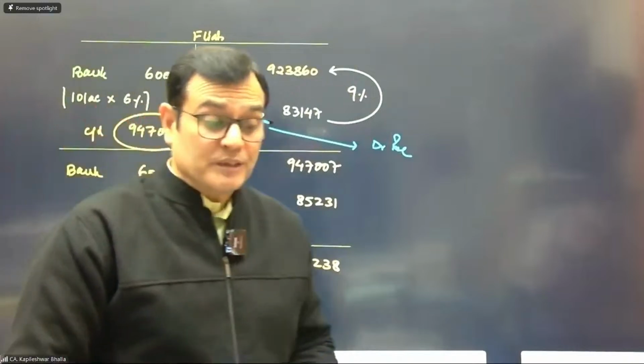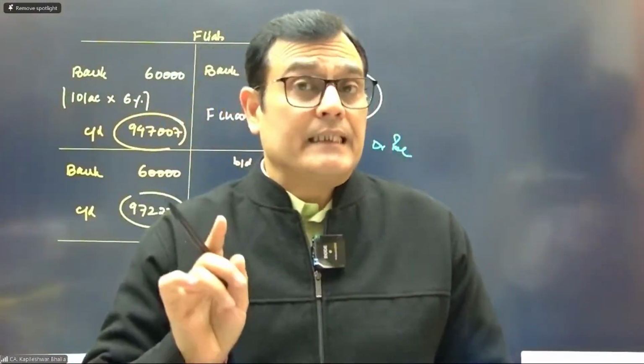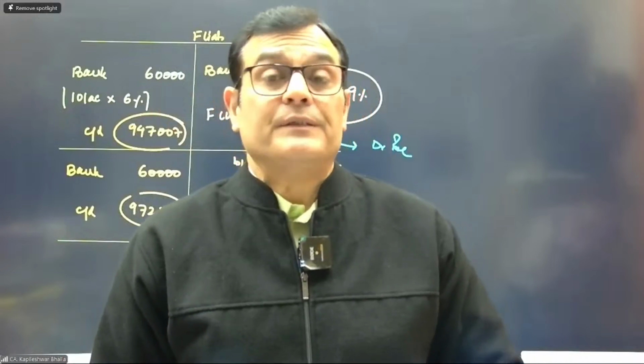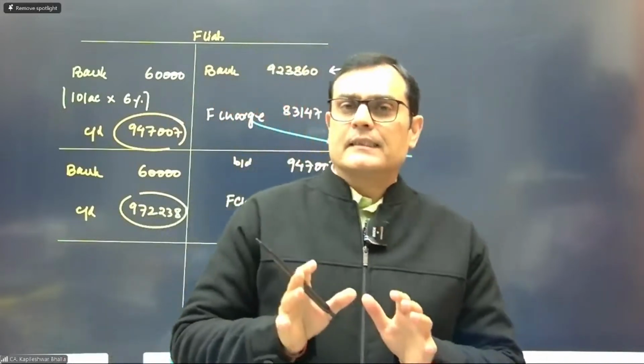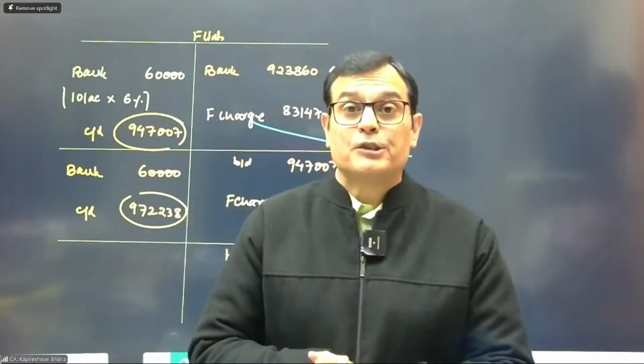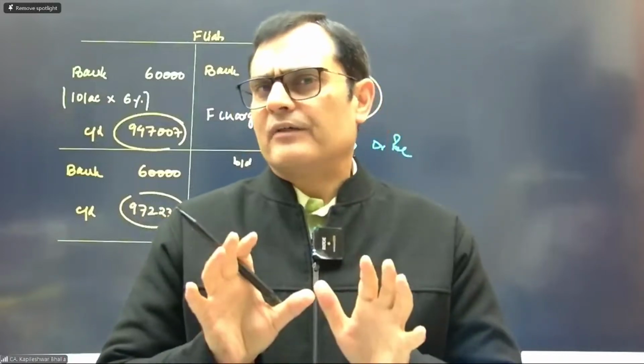Now, something interesting to watch at this stage. Since it is an optionally convertible debenture or optionally convertible preference share, in this case the option to convert is with the holder. So he may opt for cash, he may opt for shares at the end of the third year. Let's have a look at both.